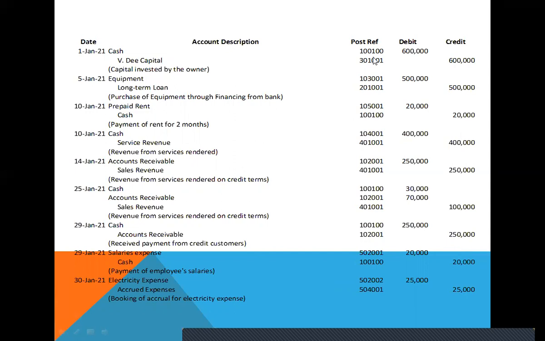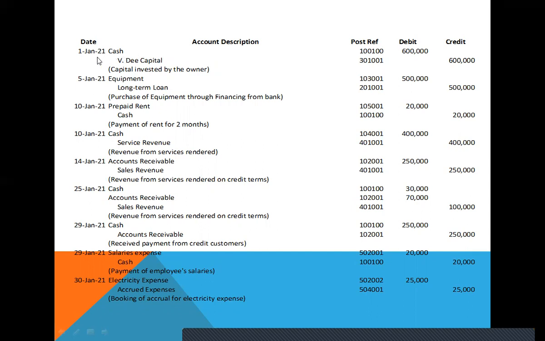Posting in the ledger is the next step after journalizing. Here the post reference is 100, 100. As you can observe, this is the account number for this account.